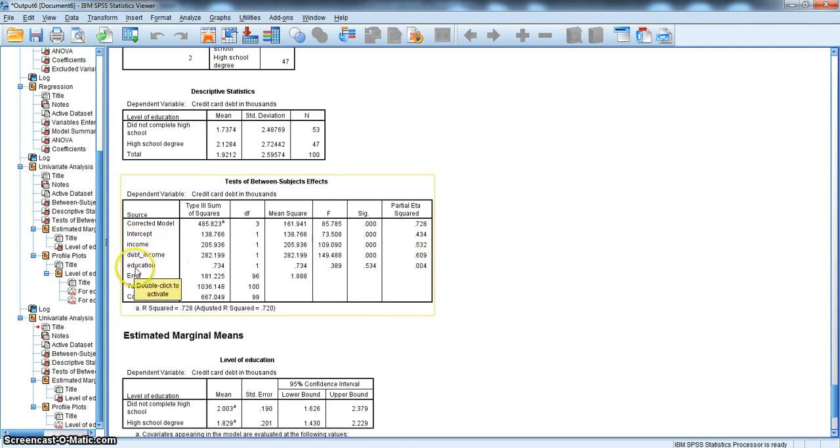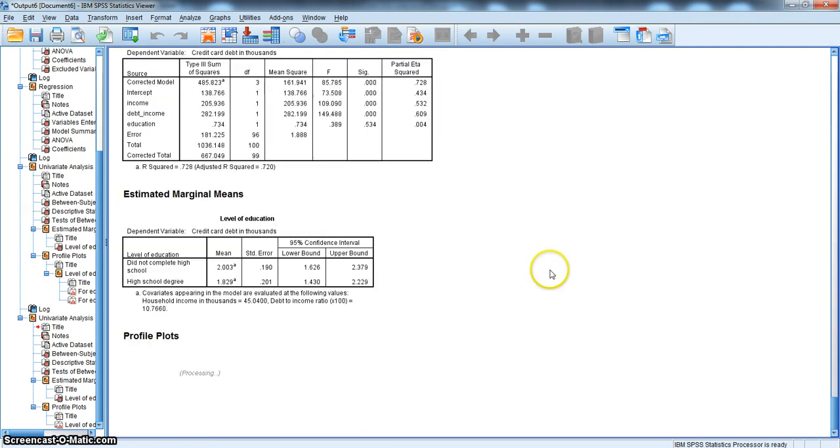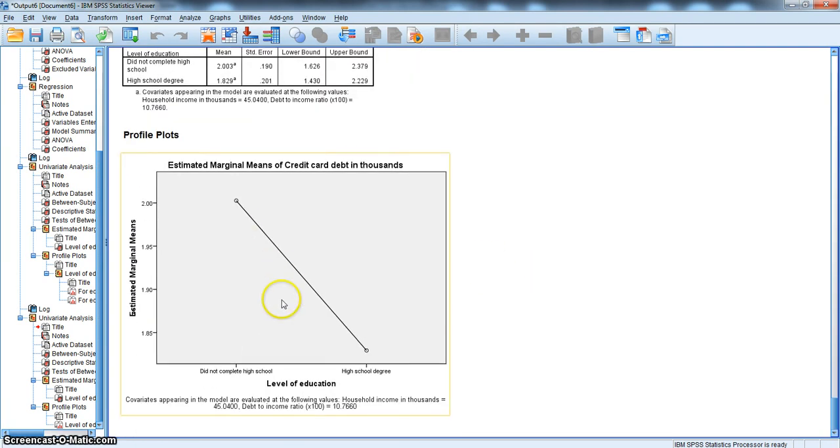What we're most interested in is this education. So you can see the F value is below 1, which automatically means there's nothing going on. The P value is 0.53, small effect size, so nothing's happening. And you can kind of see that right here. I mean, although this looks like there's an effect, if you look at the y-axis, nothing's really happening.